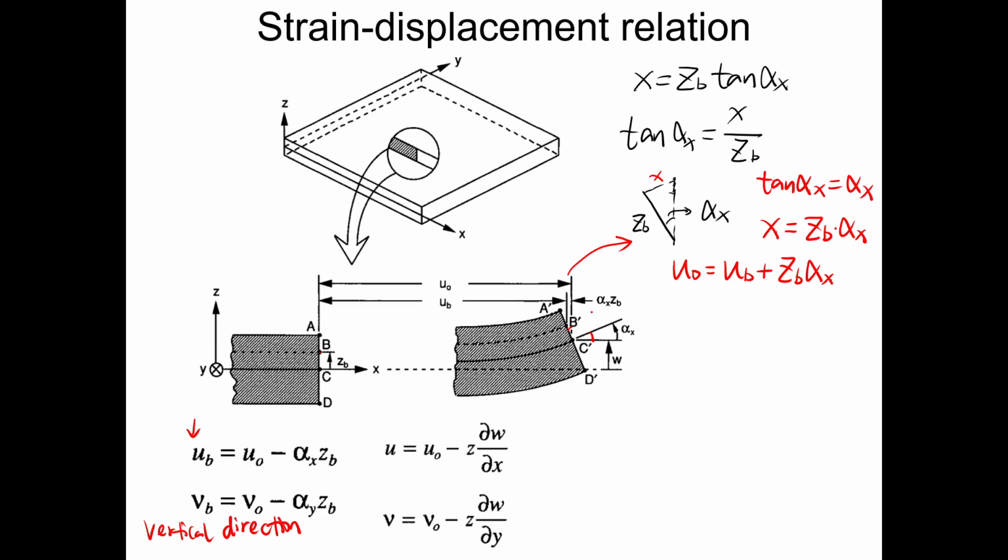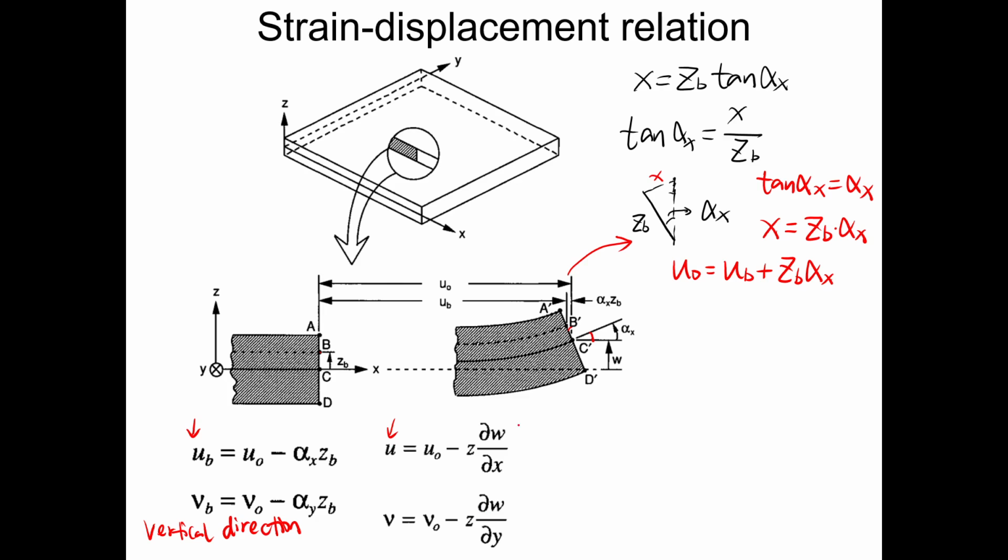For arbitrary bending deformation, you can imagine the ub can be any place. Although u0 doesn't change, ub can change to any place. So ub can be replaced by u here in the general conditions.